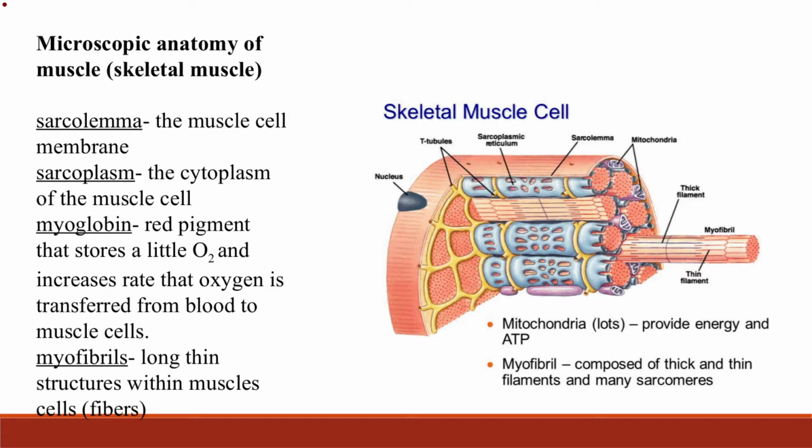So we have some myoglobin in here that gives muscle its red color, and it has oxygen attached, and that oxygen is there to help in the production of ATP. Okay. Myofibrils, those are the long fibers inside, and those are created by that actin and myosin.